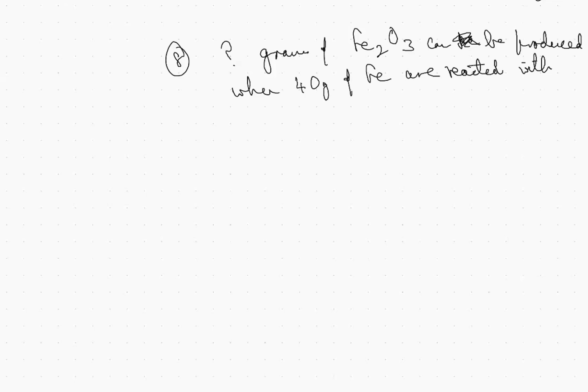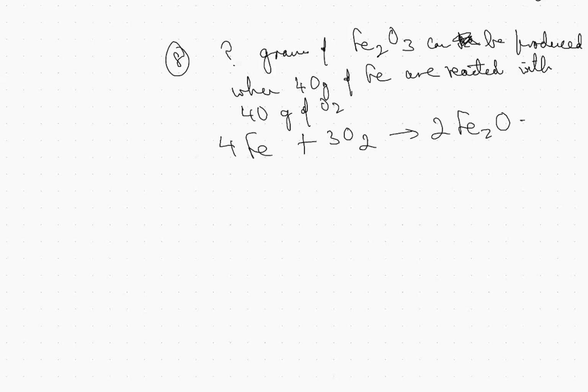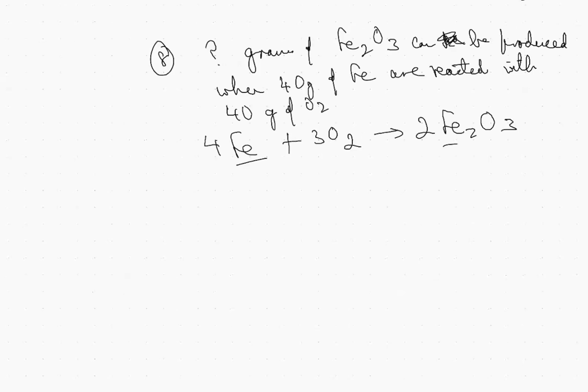So once again we are given the equation 4Fe plus 3O2 giving 2Fe2O3. Balanced: 4, 3 and 2, 6 and 6. So oxygen 6, 6. So it's right. The molar mass is given as 55.85 and 32. We are asked how many grams of Fe2O3 can be produced.